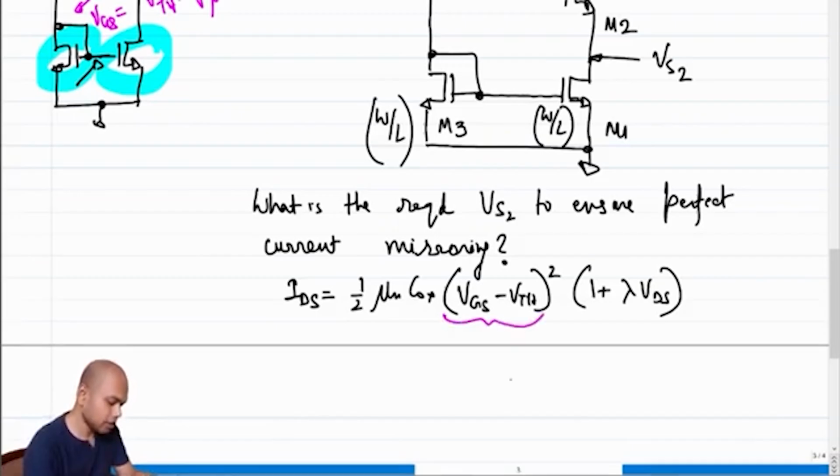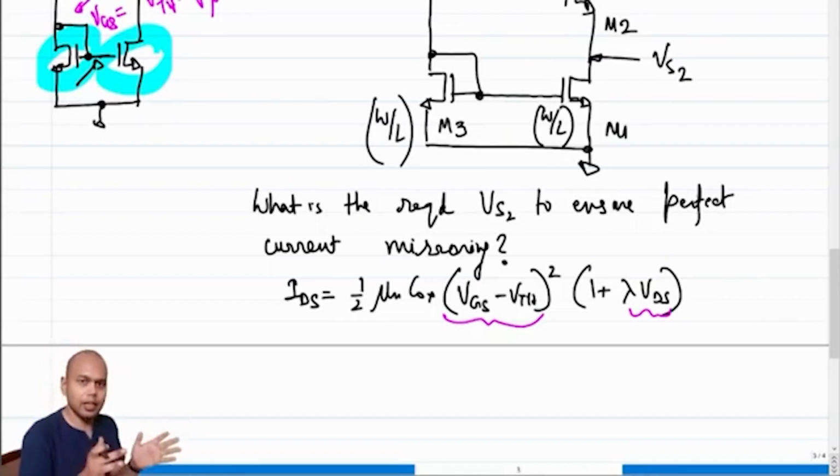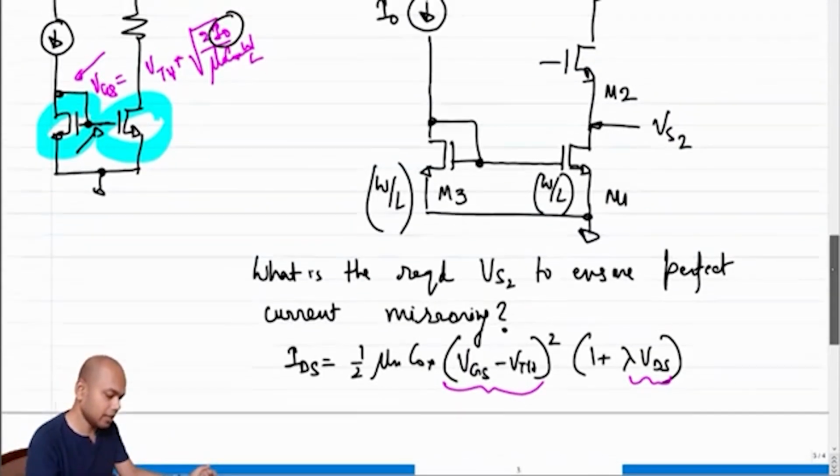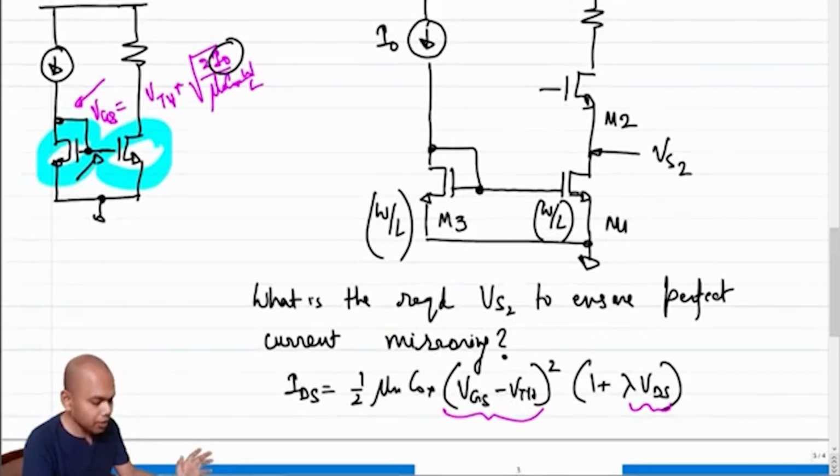VGS is identical between M1 and M3 because they share the same gates and the same source. However, VDS is not given, we don't know whether they are identical or not. So in order to ensure that the currents in the two branches are identical, to a larger extent than in the configuration on the left, we need to ensure that the drain to source voltage of M1 and M3 are also identical, right.